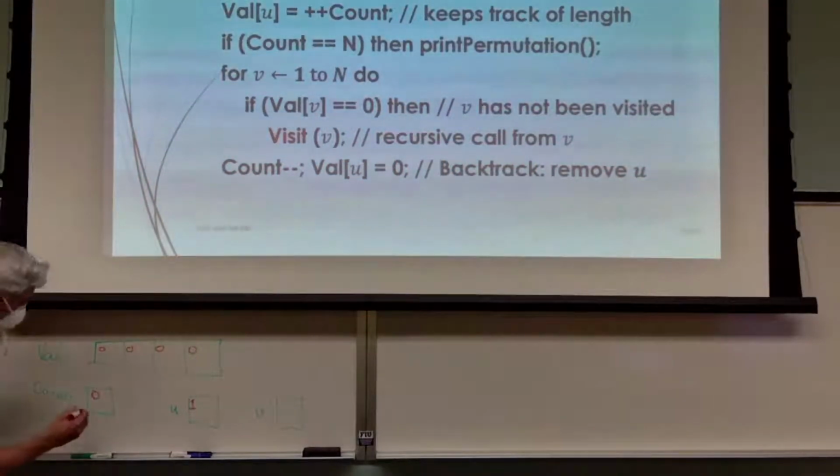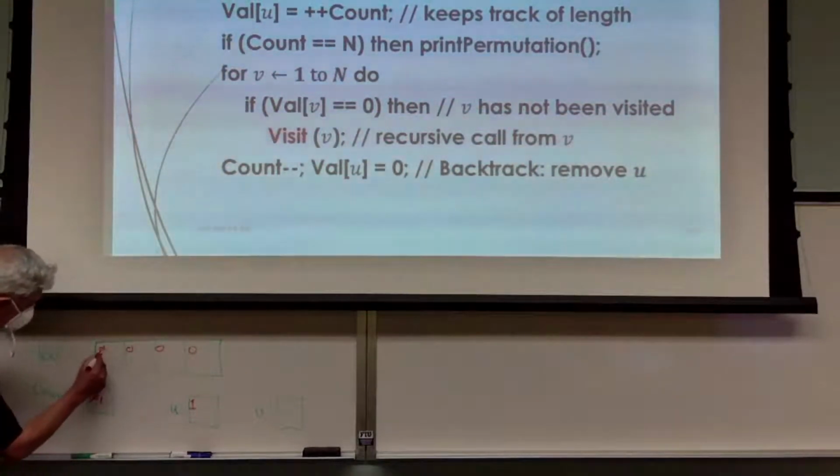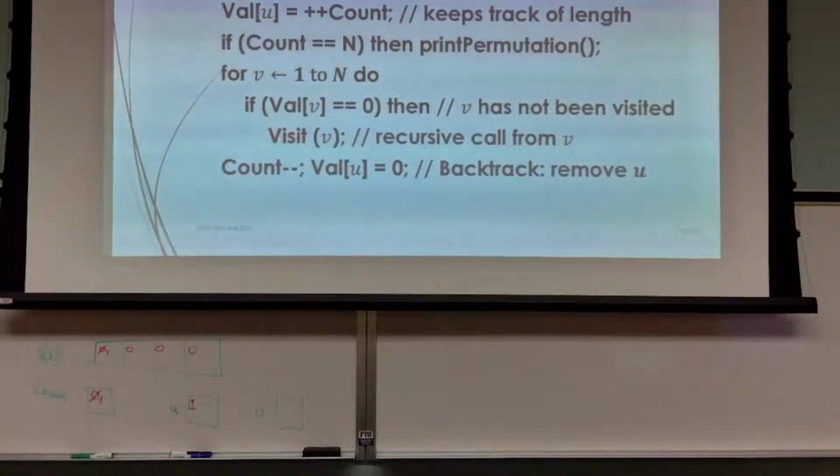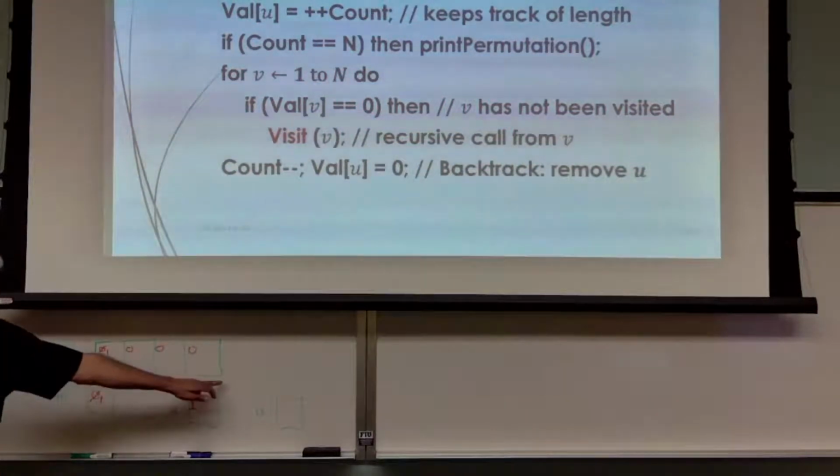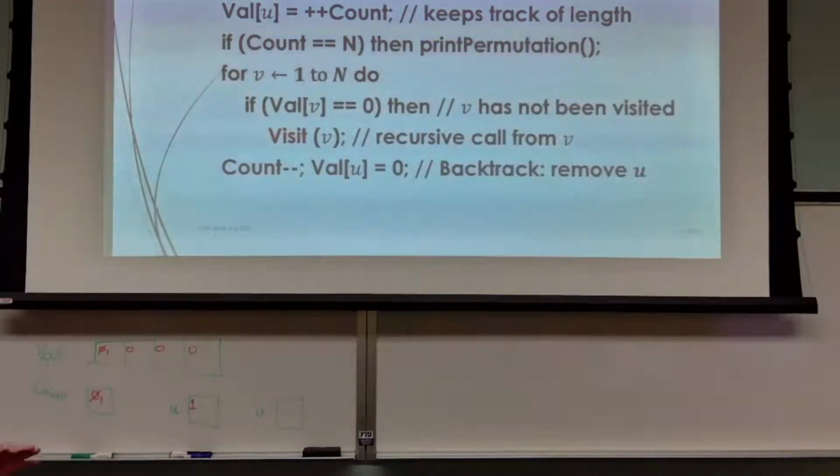So count gets incremented by 1 first, and then that goes over here. Okay? And it checks whether count is n. When count is n, we assume that the array has been filled. If the array has been filled, you have a permutation. You just print it out. So that's what the next statement is. If count is equal to n, then just print the permutation. So whatever is the current content of this val array, that's the permutation, and you print it out.